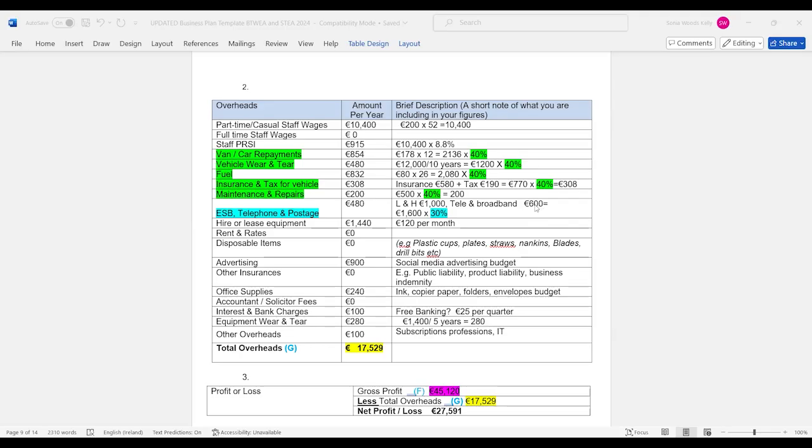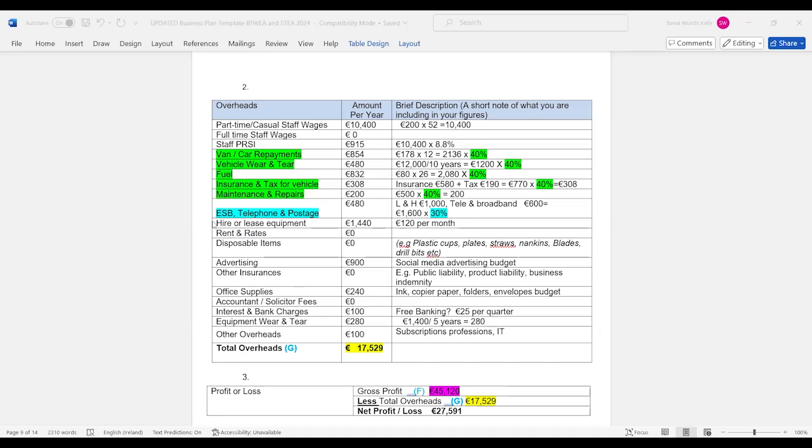So for the purpose of this video, I'm putting in 600 euros. Add the two amounts together, which come to 1,600, and then multiply that by whatever percentage you have decided is for business. So in this case, it's 30%, and that comes to 480 euros.